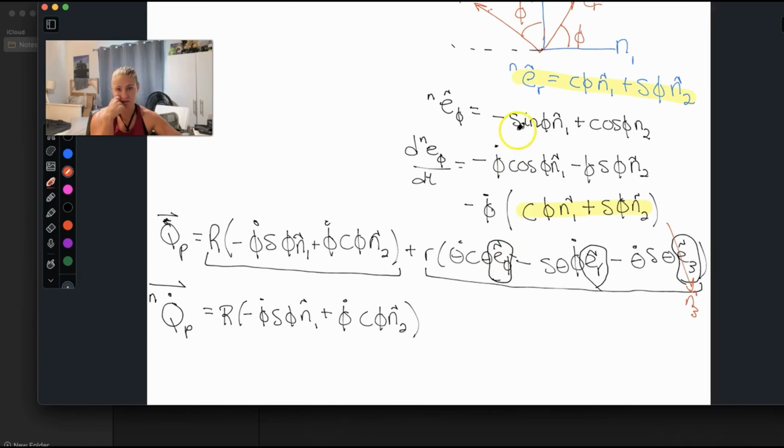Good thing we already did that. So this E phi really equals this part here, and ER is equal to this part here. All we have to do is plug these in.